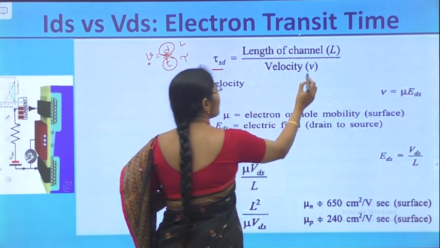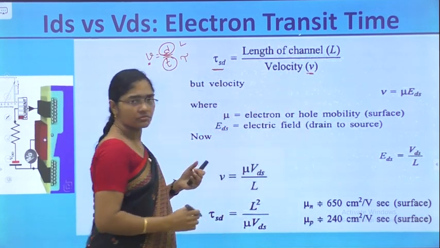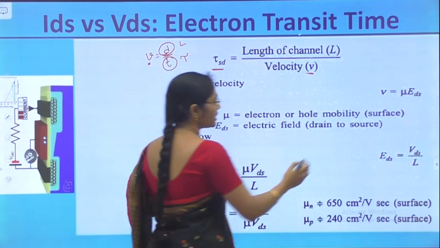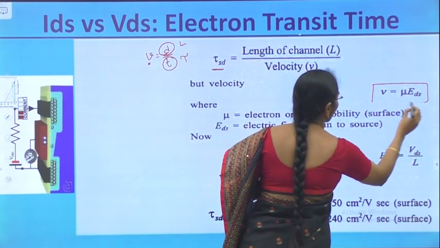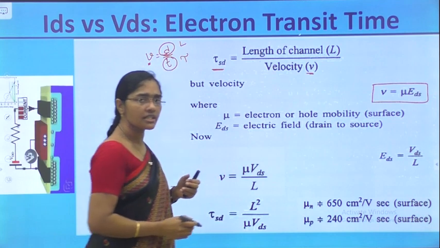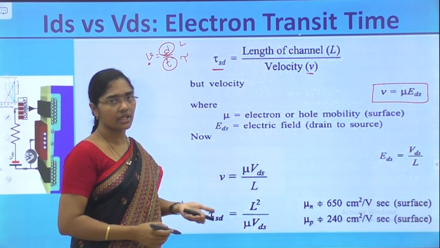Now, velocity can be calculated using the mobility of the carriers.